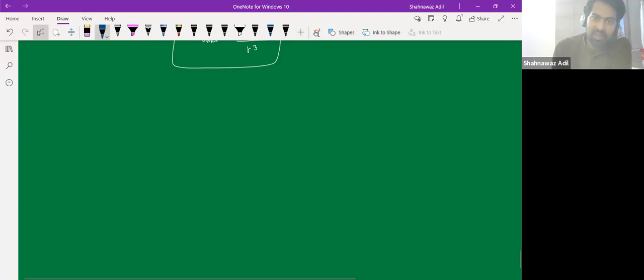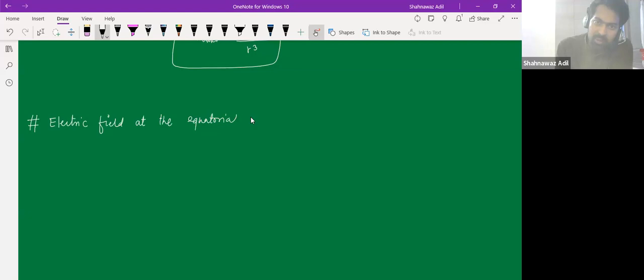Previously it took a lot of time to just find it. Will not make that mistake again. So, electric field at the equatorial point of a dipole.